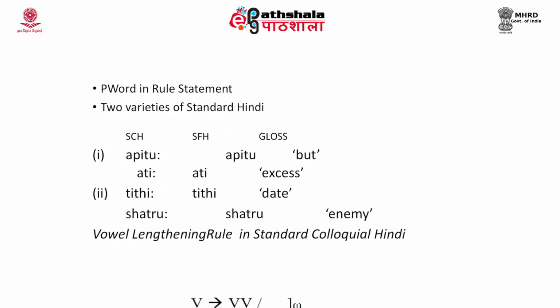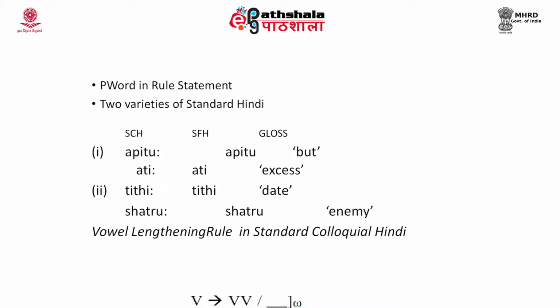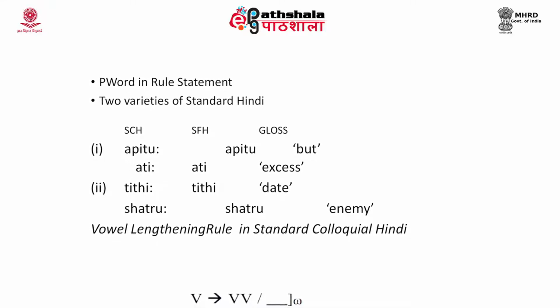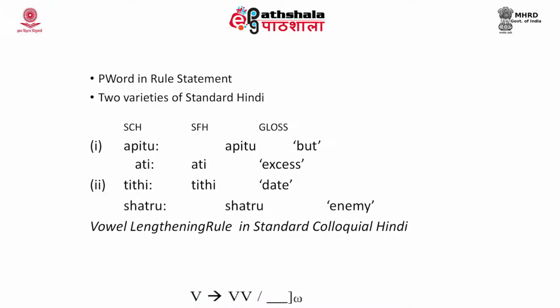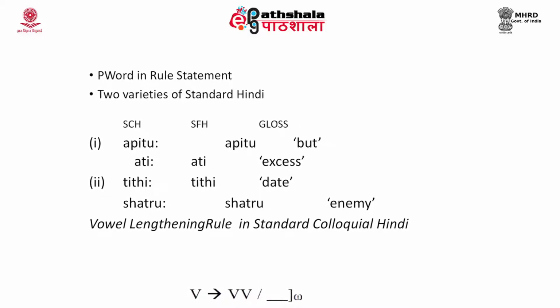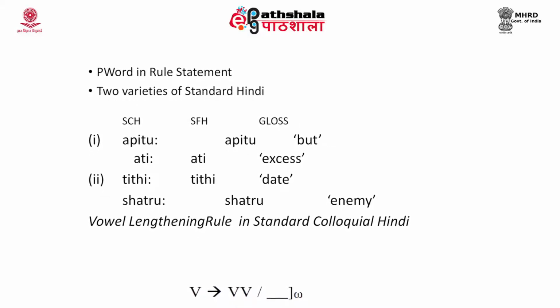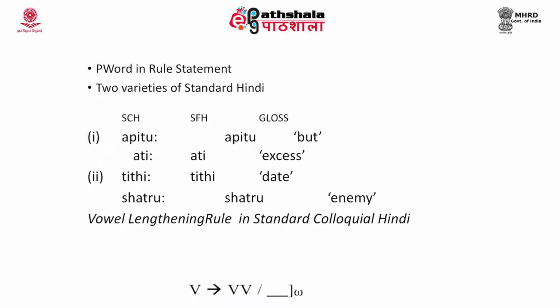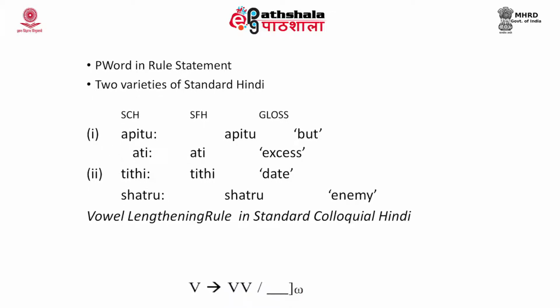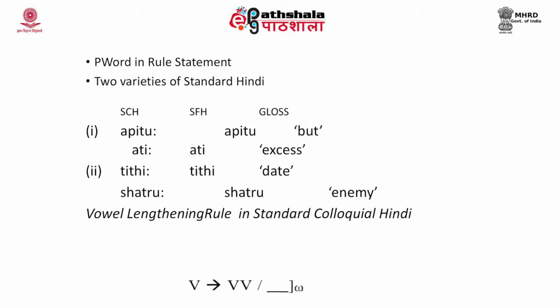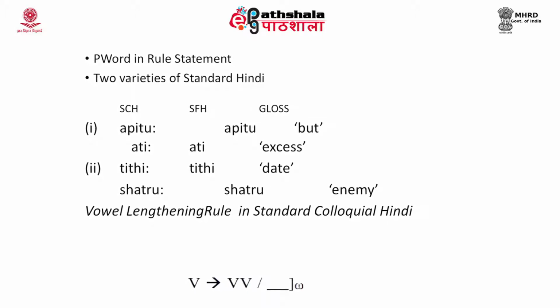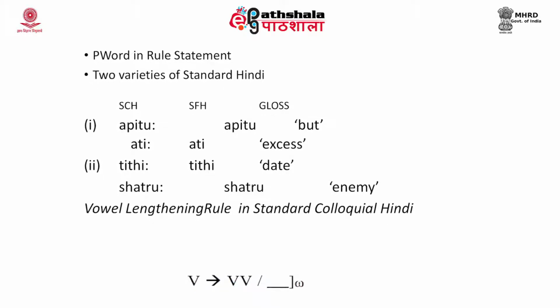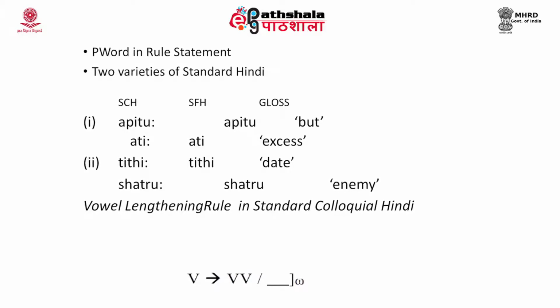Now, when we compare these two varieties, there is a certain phenomenon that seems to distinguish them. Look at the examples to see what this phenomenon is. As you see on the screen, the SCH, that is standard colloquial Hindi, has in it words with long vowels.